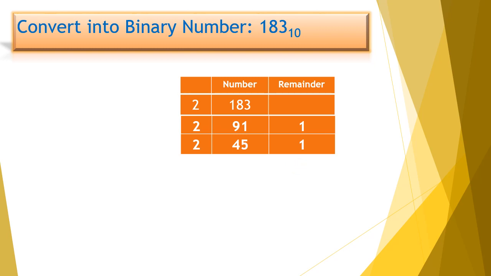Again, the last quotient 45 is to be divided by 2. When 45 is divided by 2, the quotient obtained is 22 and the remainder is 1. The step needs to be repeated. That means we divide 22, the last quotient, by 2.